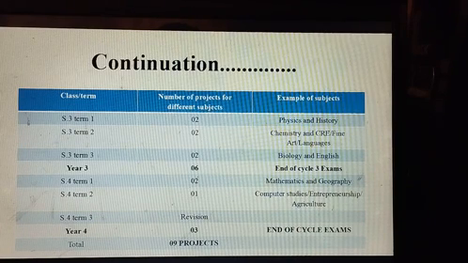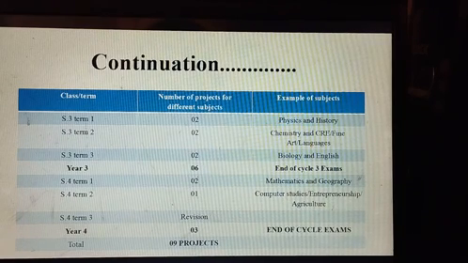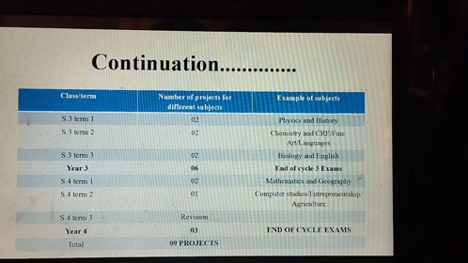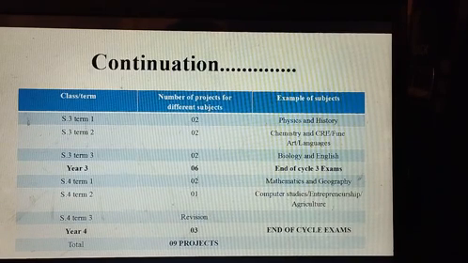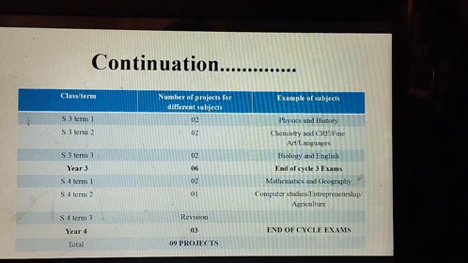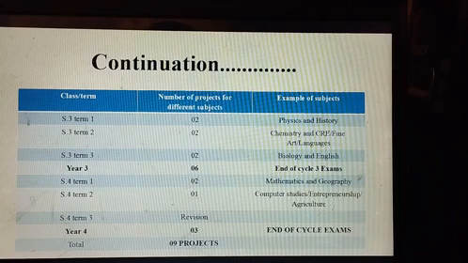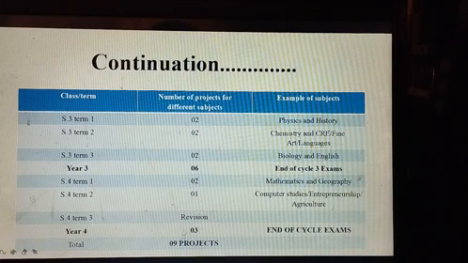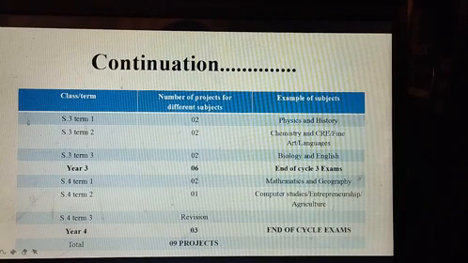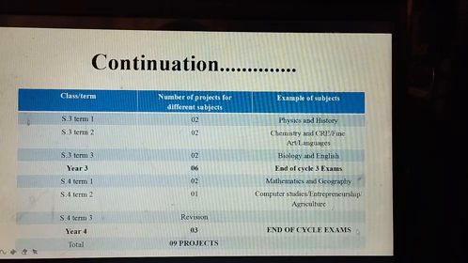The same applies if we go to year 4, senior 4 first term and second term. Here a learner has to do only 3 projects, 2 projects in the first term and 1 in second term, and we give time for a learner to do revision in senior 4 third term, focusing on the end of cycle examination.